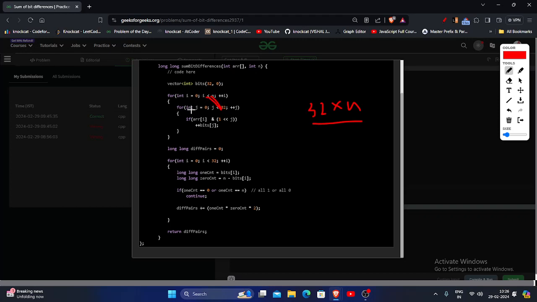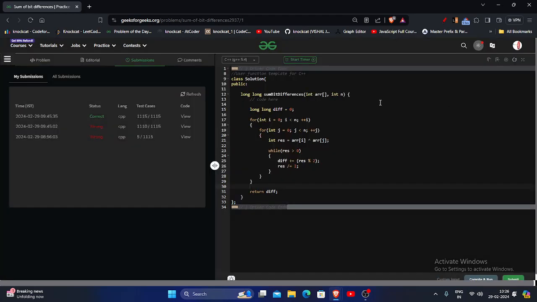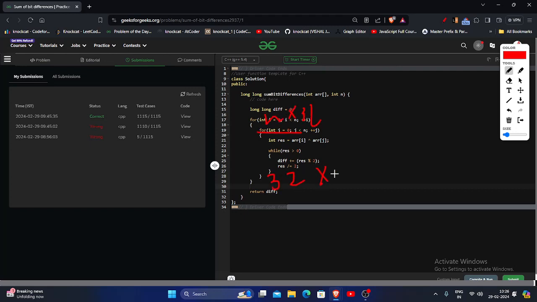That means this is going to run 32 times for the 32 bits, and for each bit position I can check all n numbers at once. Does that make sense? Instead of iterating n cross 32, I iterate 32 cross n, and for the i-th position I can check all n numbers at once.